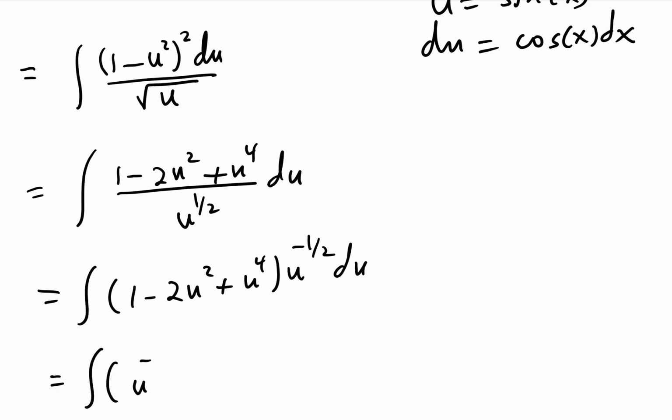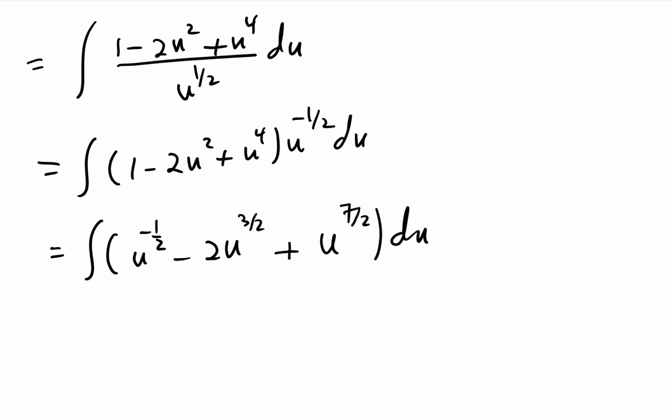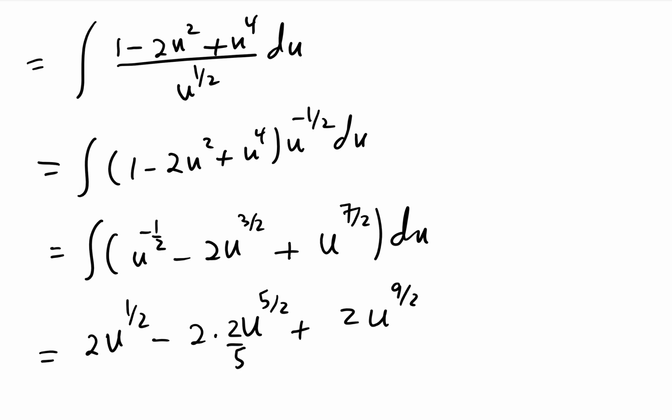We multiply, we get negative 1/2. 2 minus 1/2 is 3/2. u, 4 minus that, 7/2. So then u to the 1/2 over 1/2, which becomes that. u to the 5/2, 2/5. u to the 9/2, 2/9.